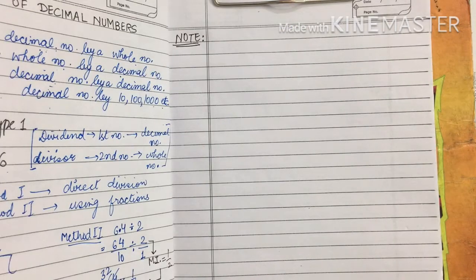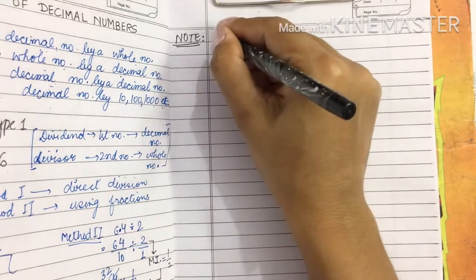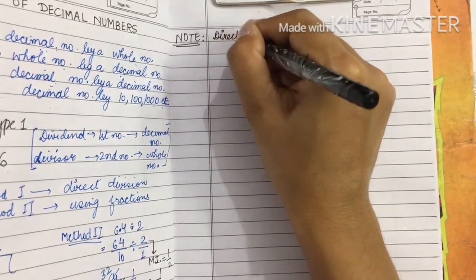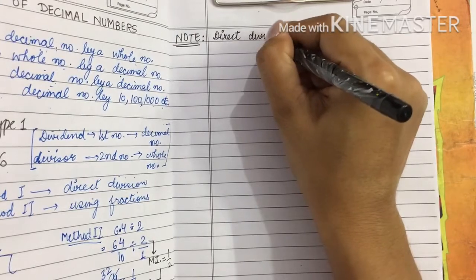Now there is a note that you need to remember. For first type we have used direct division, but there is a limitation. Direct division will only work in two cases. So you need to remember before you use direct division.